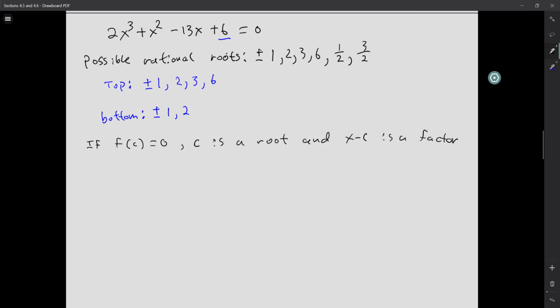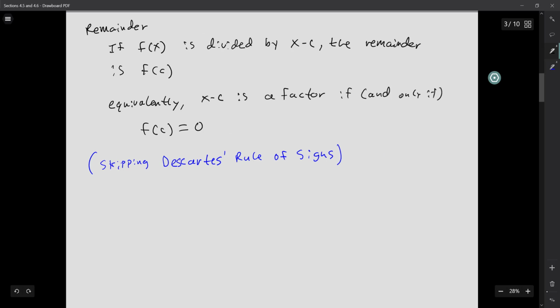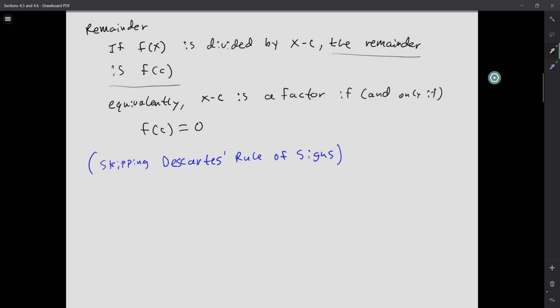And then I find out, do I get 0 or some other number? And what that's going to take the place of, actually, we go all the way up here. If I plug in my potential factor, that's going to give me the remainder of division by that factor.